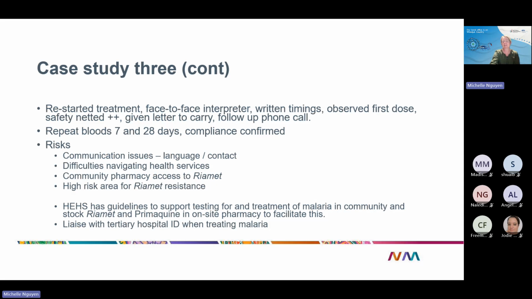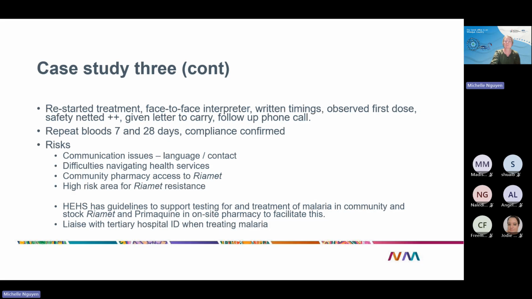So it seems much more complicated than it probably really is. We observed her take the first dose in clinic, and we safety netted a lot. We took a long time explaining to her what to do if she felt more unwell, and we gave her a letter to carry, stating that she was being treated for malaria.